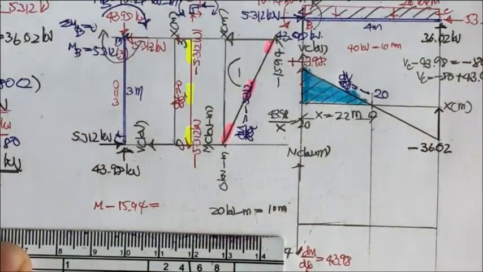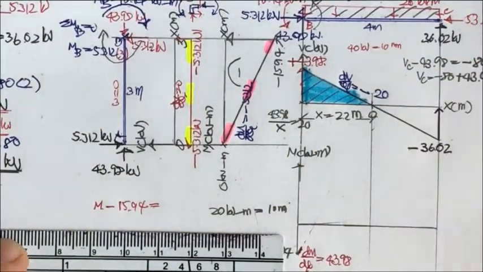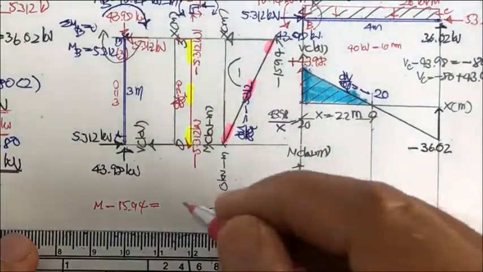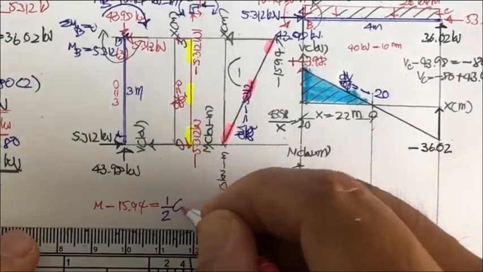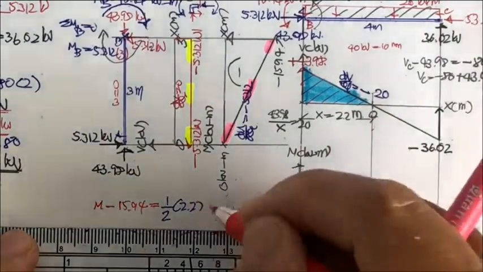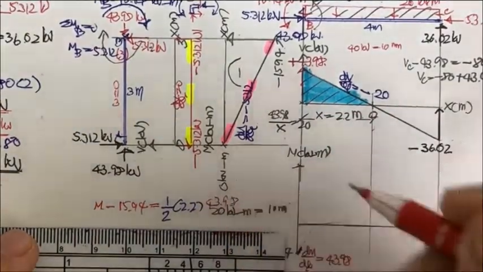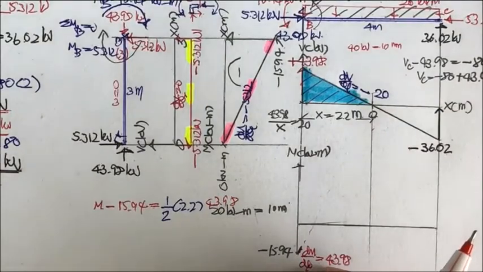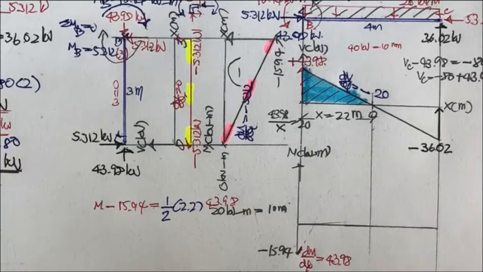When you draw the moment, you have to check the shear diagram. So that is going to be 1/2 of 2.2 times 43.98. You do the calculation, and then you may get your m equal to 34.